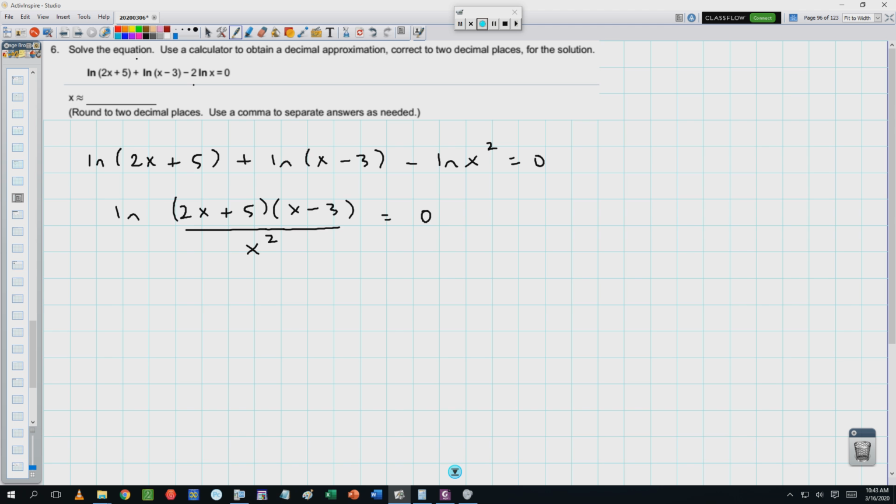Okay? Now that you have a log equal to a number, remember that this number is a power, and that power turns this base here into all this other stuff. e to the 0 is a 1.